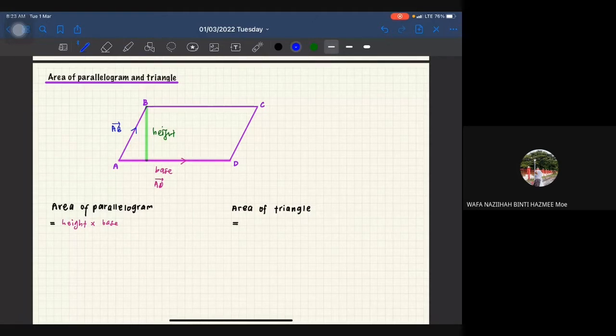Okay, so kita akan menggunakan konsep theorem Pythagoras, sebab kita nak cari dia punya height. So we know that it's sine theta, so theta is this one. So soh, opposite over hypotenuse. So opposite is this one.